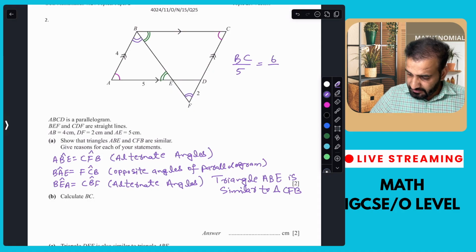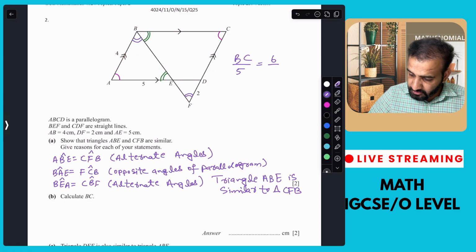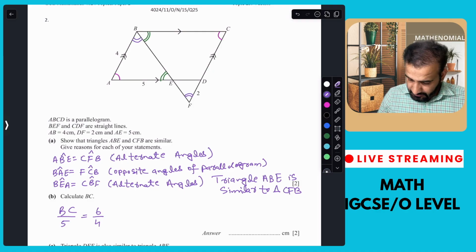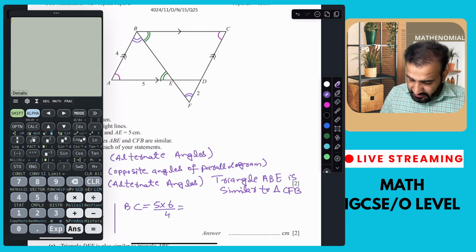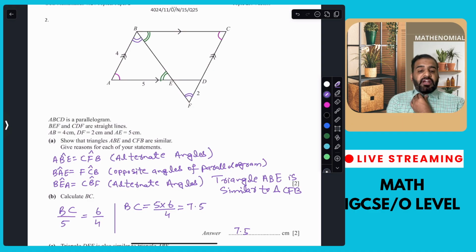So 6 divided by what is opposite to the green angle in this small triangle? That is 4. You should know how to make ratios in similar triangles, children. So BC is 5 times 6 over 4, which is 30 divided by 4, 7.5. That's it. So side BC is 7.5.